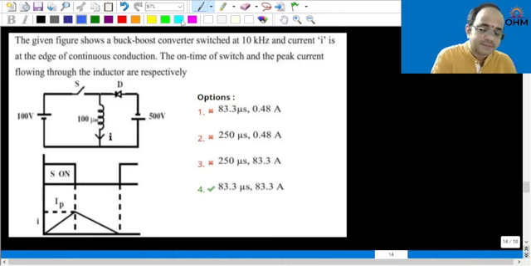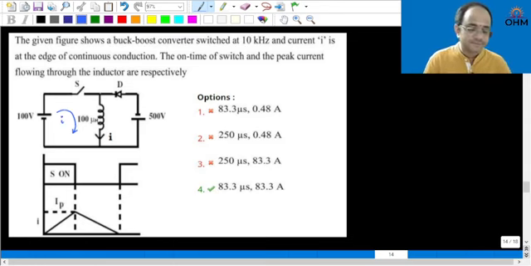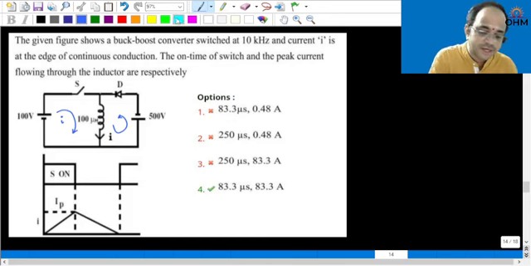Now in this case, suppose when the switch is turned on, this is how inductor current will flow, that is, let us say I. When the switch is turned off, the energy stored in the inductor will be released through this 500 volt source. Therefore, first let us write down basic equations here.